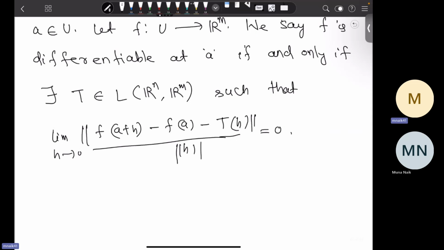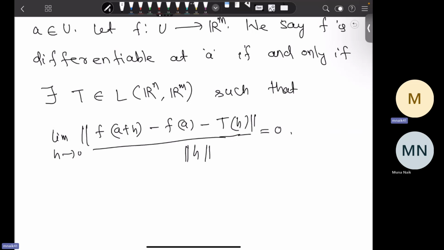So f of a plus h is a vector in Rm. So the norm of the numerator is the L2 norm of Rm, and the norm of the denominator is the L2 norm of Rn. Okay.